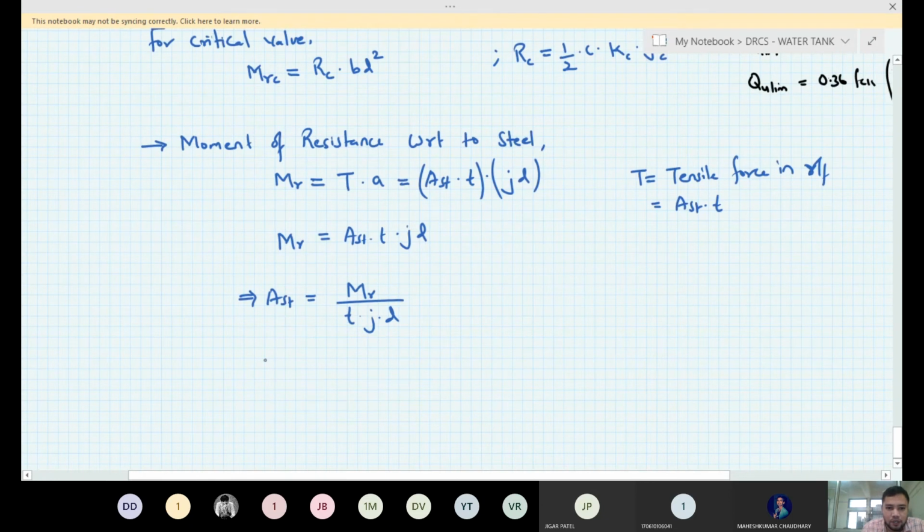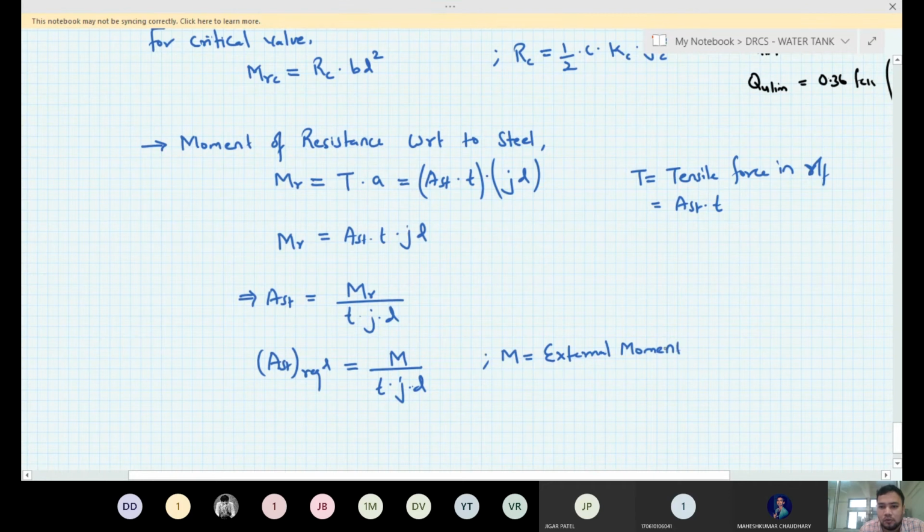So the AST required is equal to M upon sigma ST J into D. Here M is the external moment, we call it the applied moment or external moment. So from this you can find the area of the steel required.